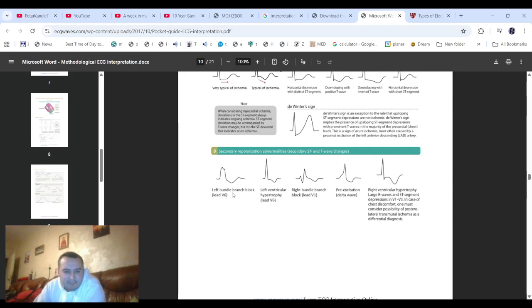Here we have left bundle branch block, left ventricular hypertrophy because it doesn't go up as much, right bundle branch block, pre-excitation delta wave, right ventricular hypertrophy, large R waves, and ST segment depressions.